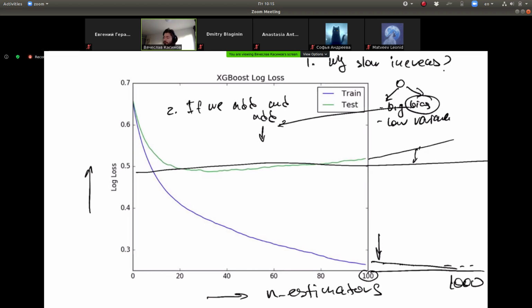Of course, when I say sufficiently big, it depends on what you use as your base estimator. Because for a tree with depth 1, it will be like 1000. But for trees with depth 3, it will be 100. And for depth 10, it will be 50.